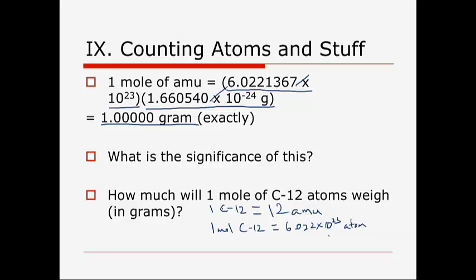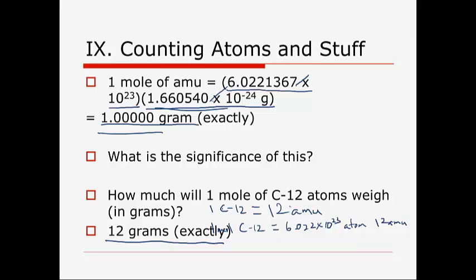Okay. And each one weighs 12 AMUs. Now we just said, if you have 1 mole of things that weigh 1 AMU, they will weigh 1 gram. This weighs 12. So, it turns out that it should weigh 12 grams exactly.